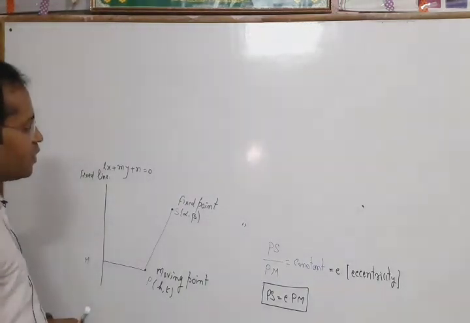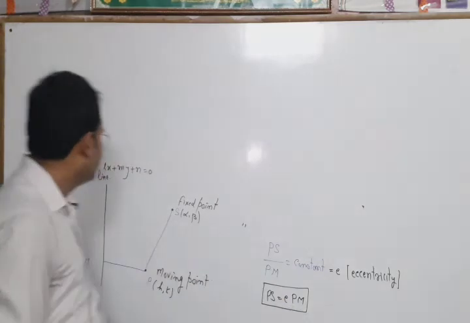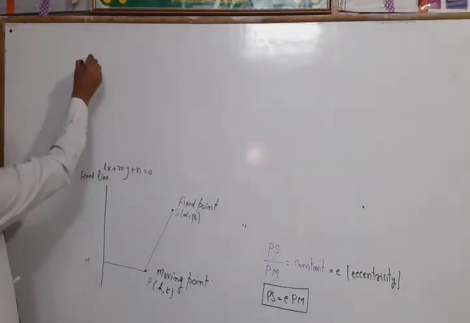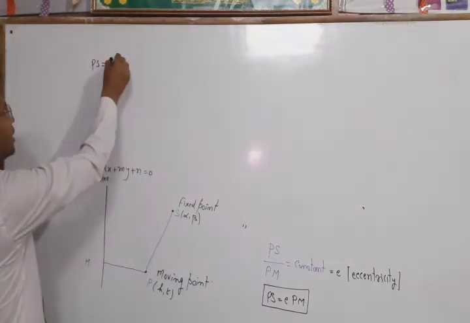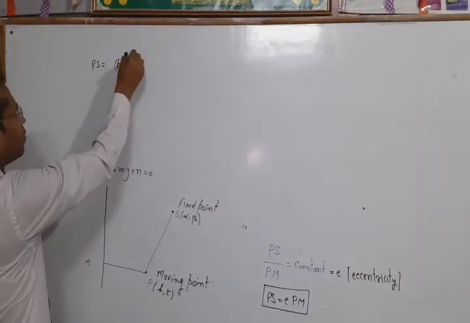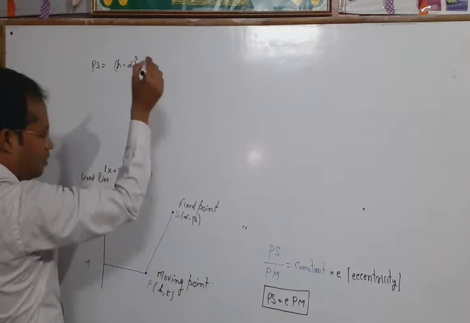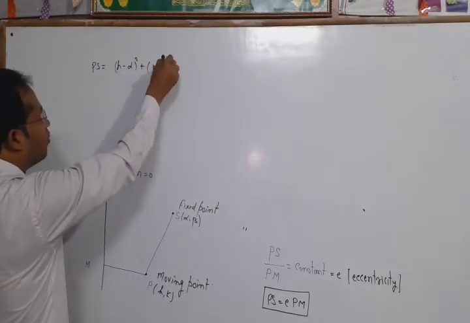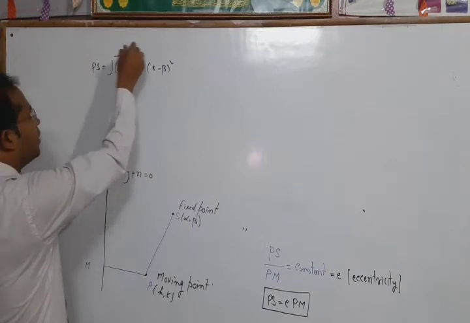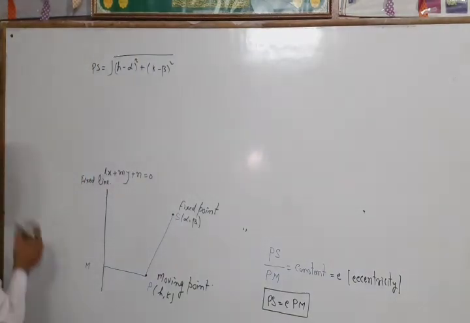First of all, we have to find out the values of PS and PM. By the figure, the value of PS, the distance between 2 points, is the square root of (h minus alpha) whole square plus (k minus beta) whole square.